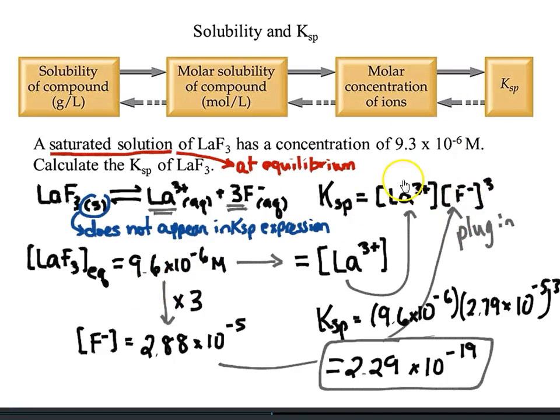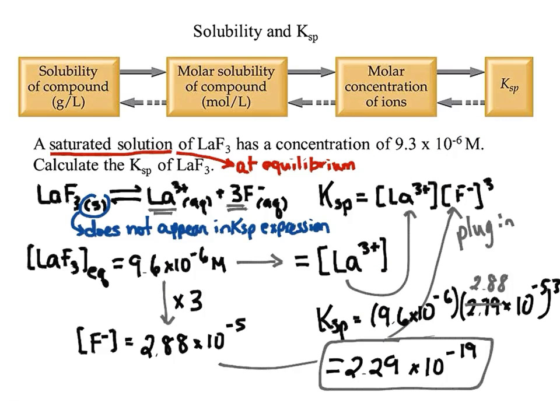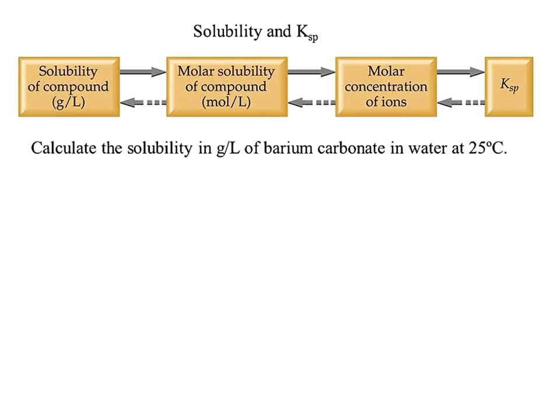It should have 2 sig figs because the number you're given has 2. So again, 2.3 times 10 to the minus 19 if you accidentally use the 9.6 times 10 to the minus 6 number like I had, or the original 2.0, that was the right answer if you plugged in the correct number. Sorry for that mistake. I'll try not to let it happen again.